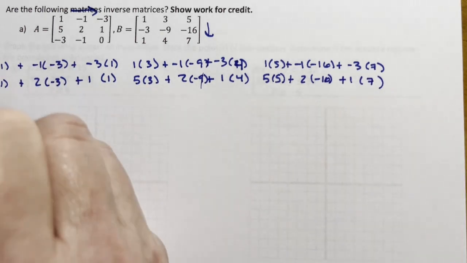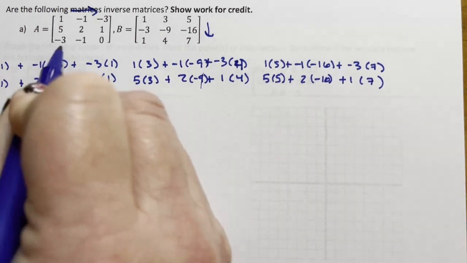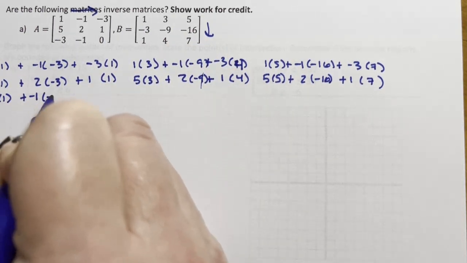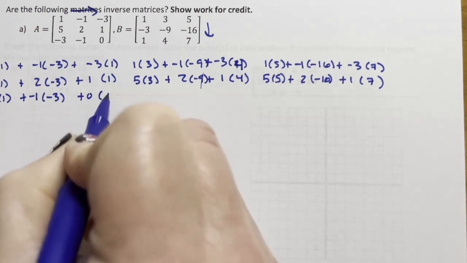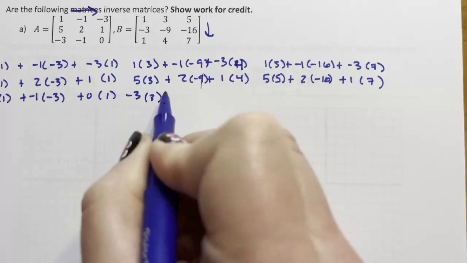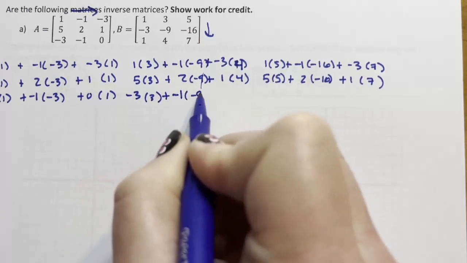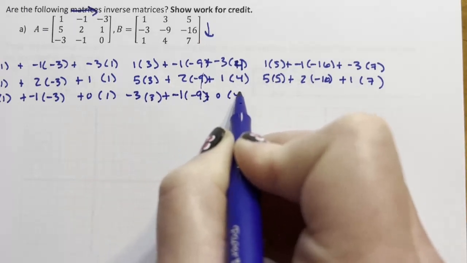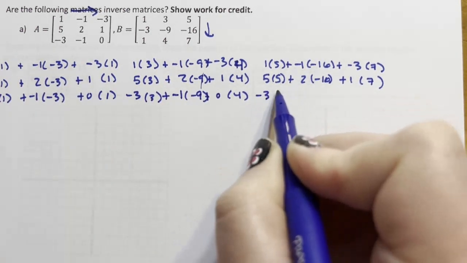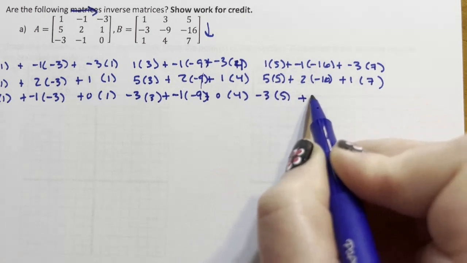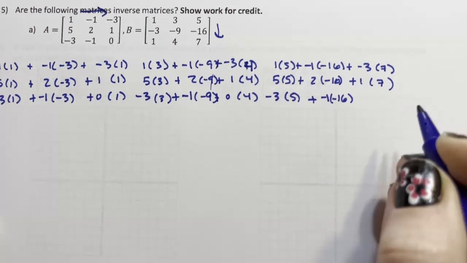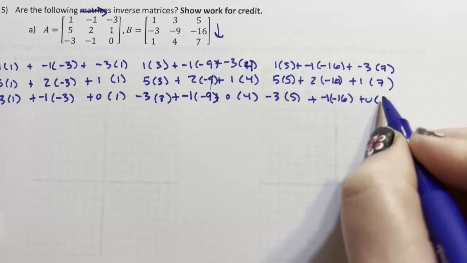Last one down. -3 times 1 plus -1 times -3 plus 0 times 1. -3 times 3 plus -1 times -9 plus 0 times 4. And then -3 times 5 plus -1 times -16 plus 0 times 7.